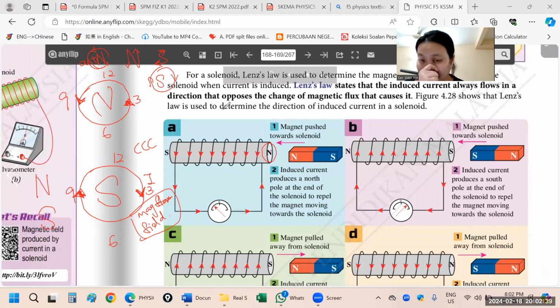Okay, so when you move the magnet inside, if this is north, you'll find the current flows in the north direction, meaning anti-clockwise.